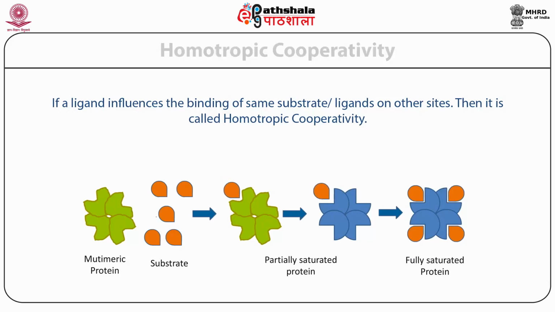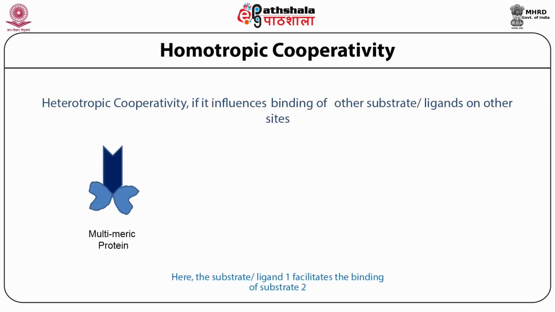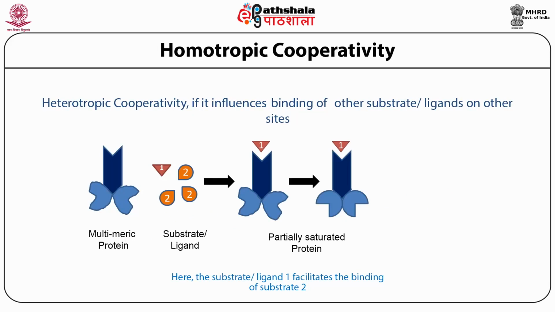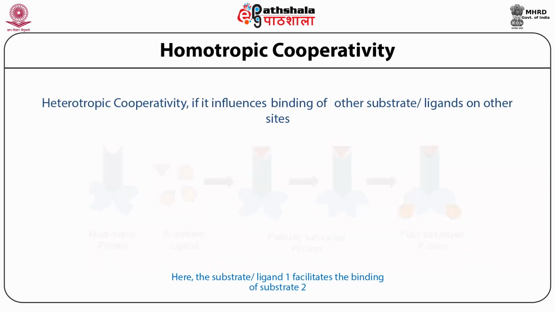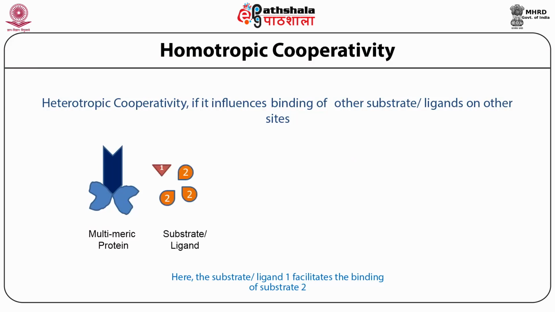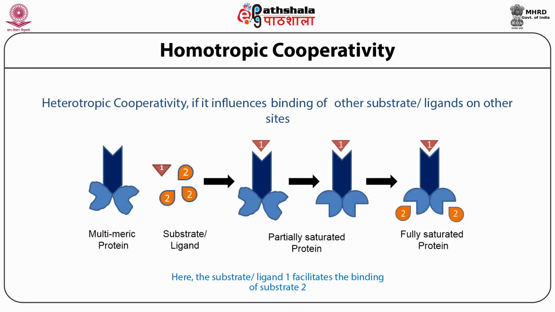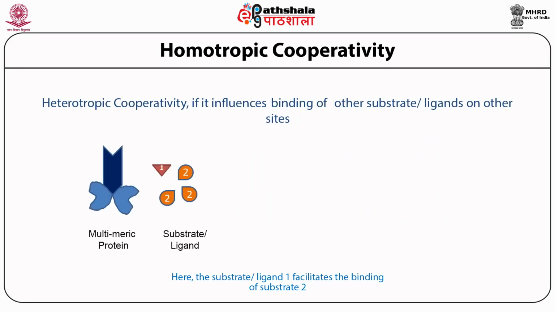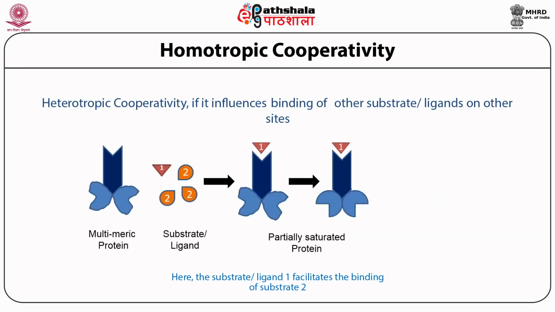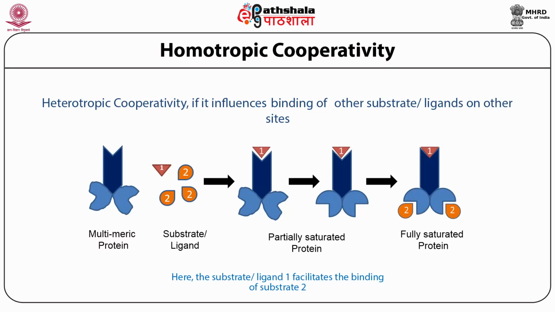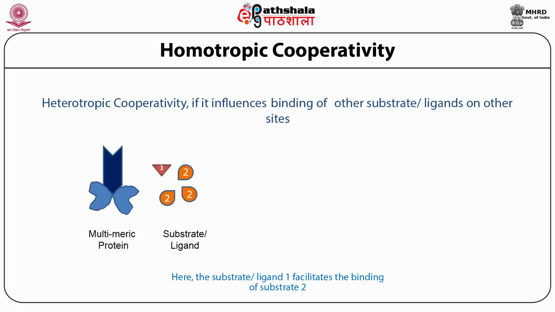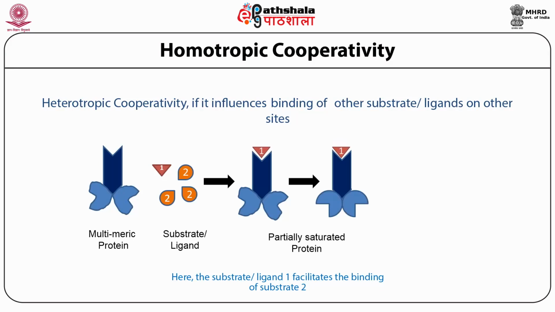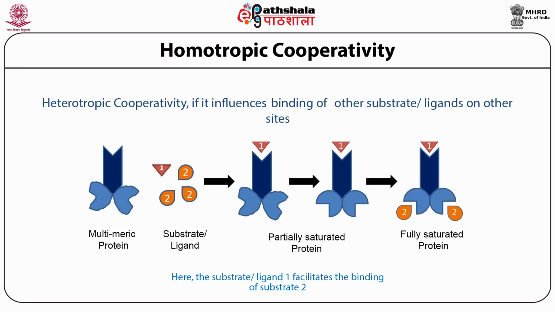The other type of cooperativity, based on the substrates which bind to the enzyme molecule, is called heterotropic cooperativity. In heterotropic cooperativity, when substrate A facilitates the binding of substrate B on the other subunits, it is called heterotropic cooperativity. It can be substrates, or it can be ligands in case of receptors.